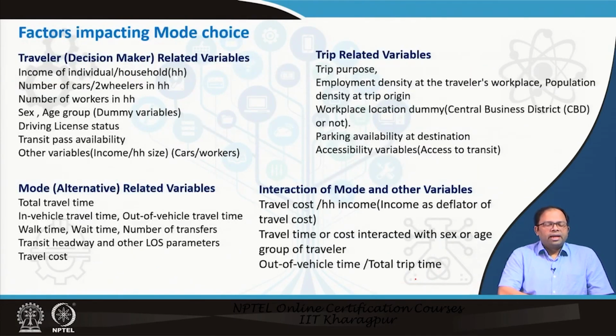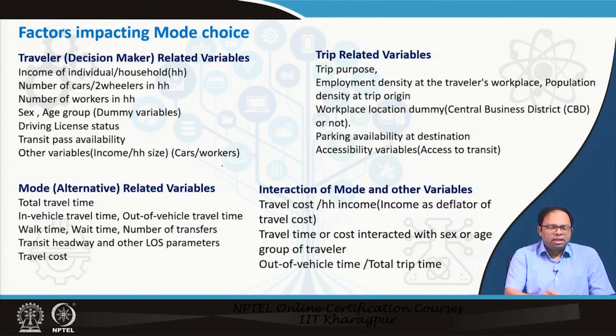So, these are some of the factors impacting mode choice. For traveler or decision-maker related variables, these are some of the commonly used characteristics: income of the individual or household, number of cars or two-wheelers in the household, number of workers in the household, sex, age group, dummy variables maybe for the household head, driving license status, transit pass availability, and other variables like income divided by household size or cars per worker.